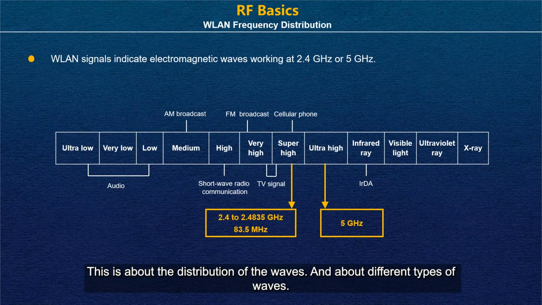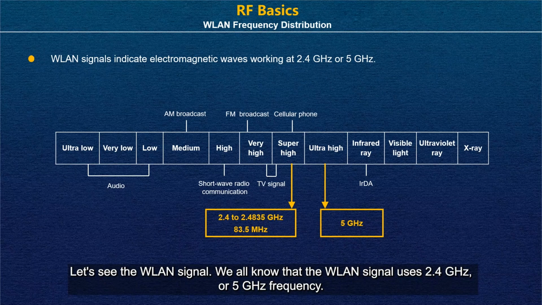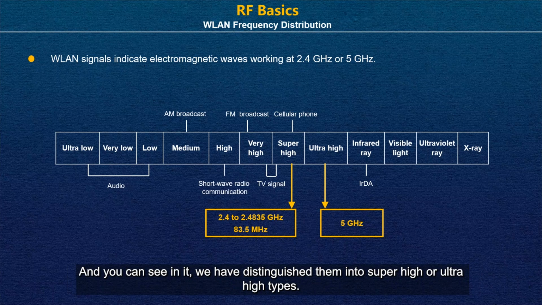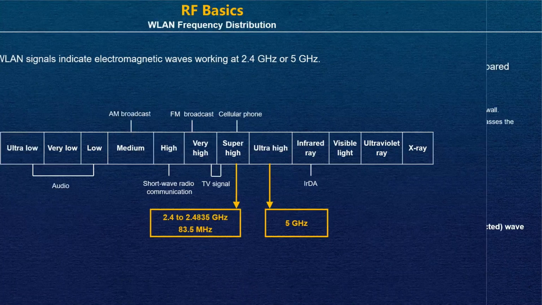And about different types of waves, let's see the WLAN signal. We all know that the WLAN signal uses 2.4 gigahertz or 5 gigahertz frequency. And you can see we have distinguished them into super high or ultra high type.